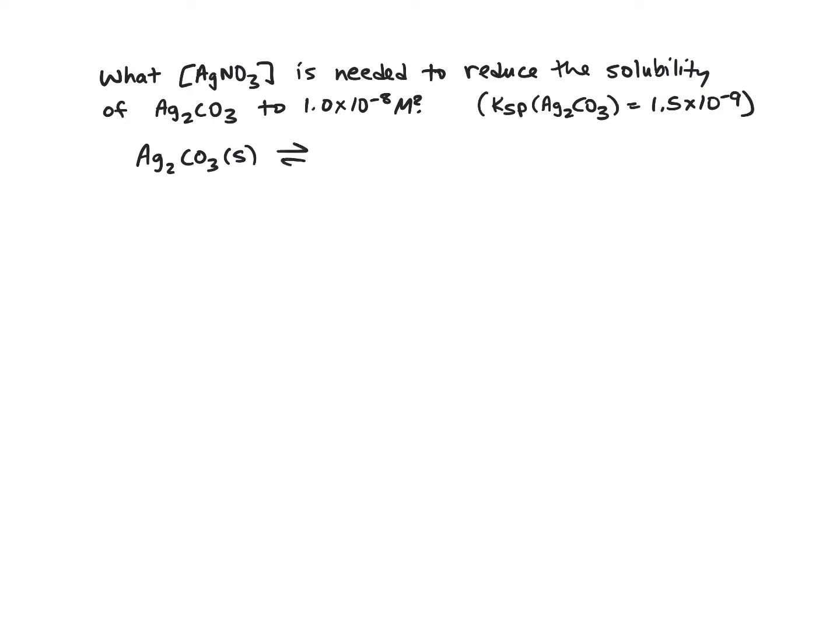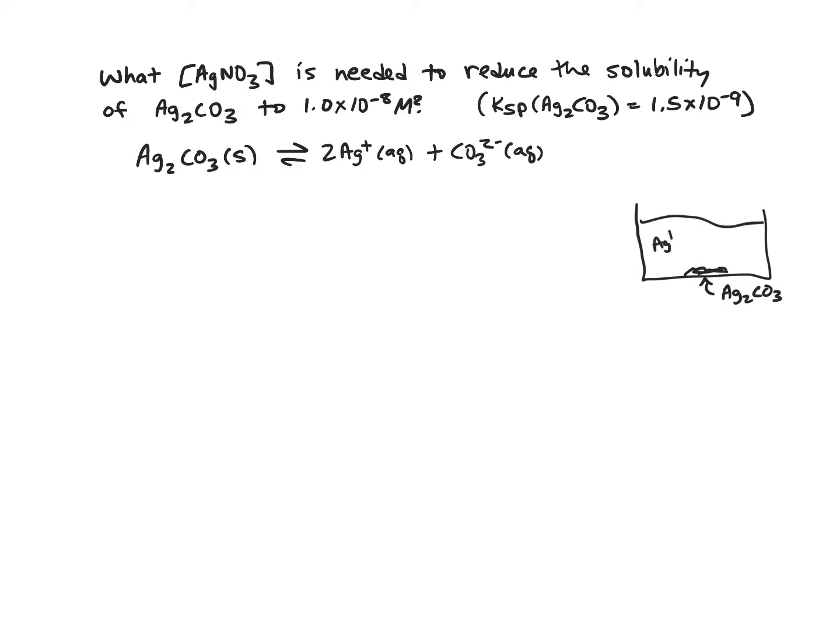Ag2CO3 solid makes 2Ag+ plus CO3 2-. And we try to visualize what's going on. So we have a solution where maybe we've got some silver carbonate that is a solid in equilibrium with some silver ions and some carbonate ions.